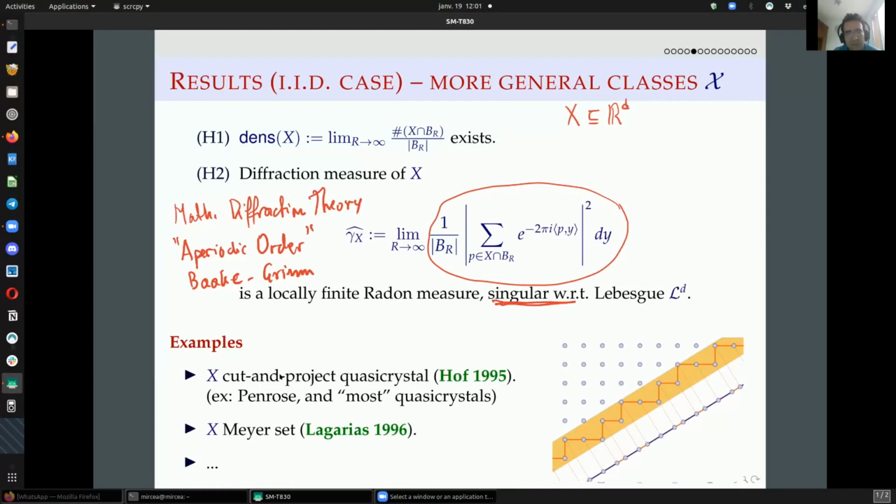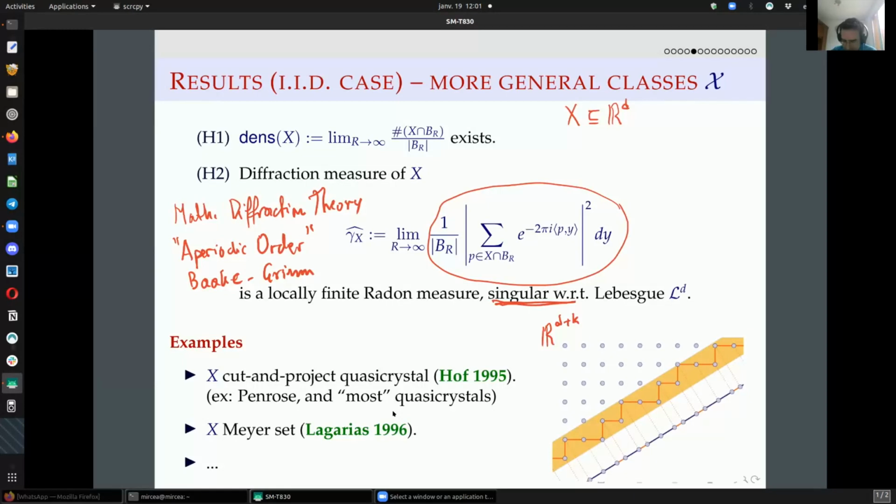The main examples, the most regular kind of examples, are the so-called cut and project sets. It was proven by Hof that the cut and project quasi-crystals, which include Penrose tilings and whatever you can mean by most quasi-crystals, the ones appearing more in the literature, satisfy this. These examples are given by taking the space R^D times R^K, a space of higher dimension, here D plus K equal to 2.